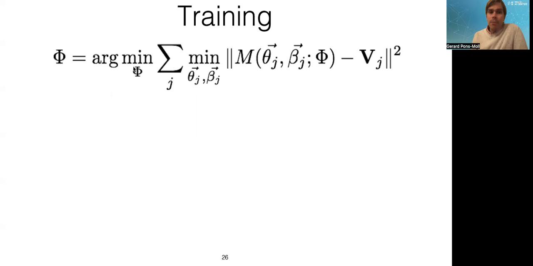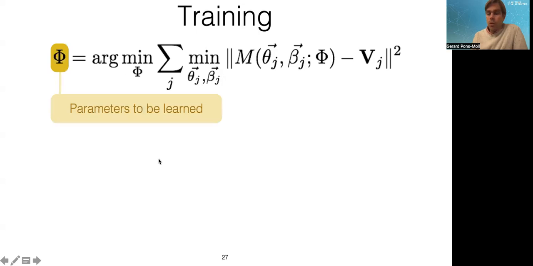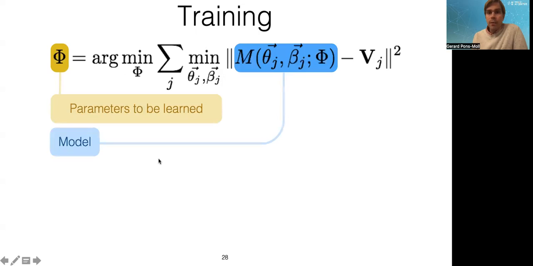We want to find the parameters of the model M. Those parameters in the case of SMPL would be the blend weights, the joint regressor matrix, the shape eigenvectors, the pose blend shapes, and so on. So those are the parameters that we want to find. So we want to learn those parameters from data.